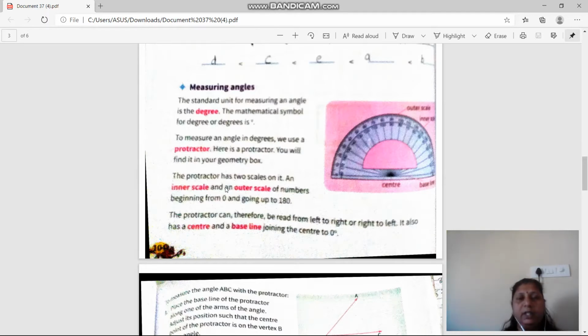Now in this chapter we study to measure the angle. The protractor has two scales on it, an inner scale and an outer scale of numbers. This is the inner scale which is inside and this is the outer scale.